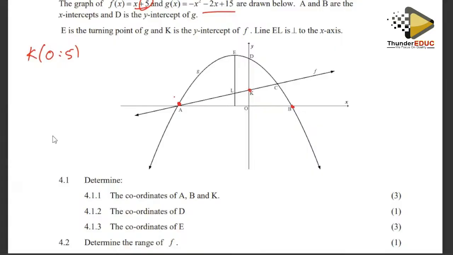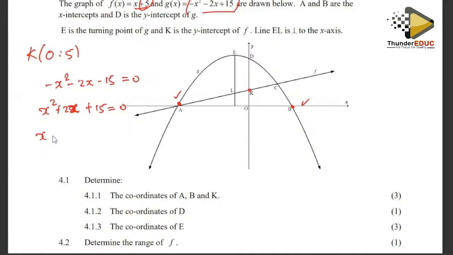And then for A and B, we know that the graph passing there is g. We can use this equation straight away and factorize. Negative x squared minus 2x plus 15 is equal to 0. Divide through by negative, so x squared plus 2x minus 15 is 0.